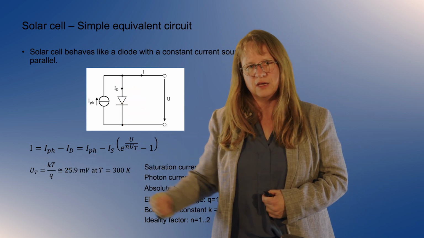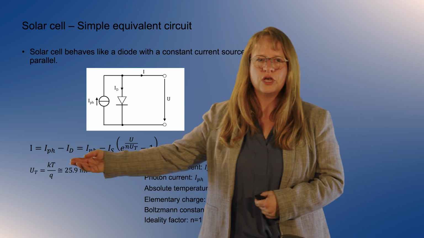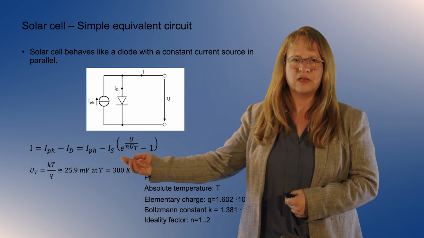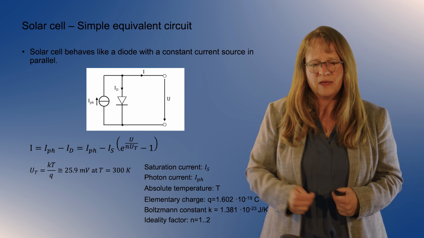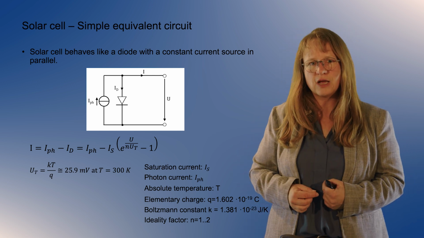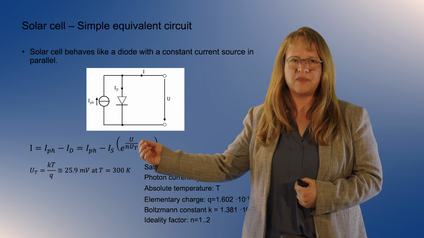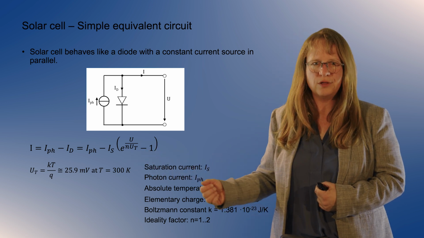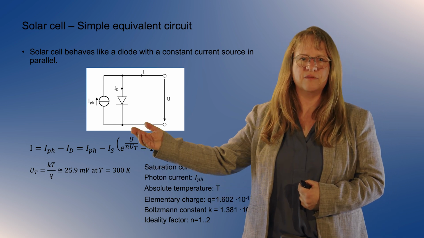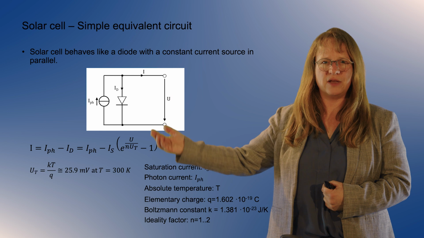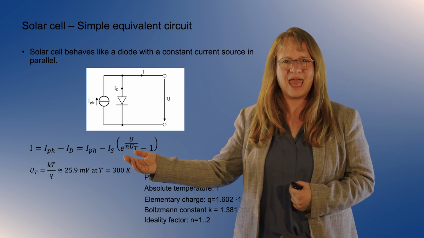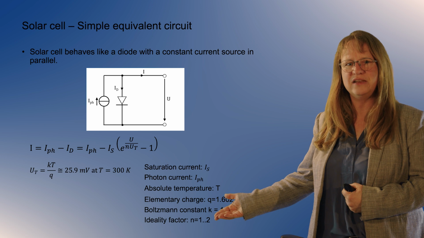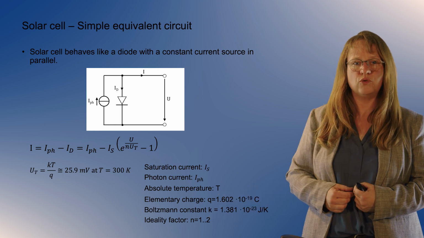If we plug in the standard model for a diode, it is given by I_S, the reverse bias saturation current, multiplied by the exponential minus 1. The exponential has the voltage U, the voltage applied to the diode, divided by n, the so-called ideality factor, which is somewhere between 1 and 2.